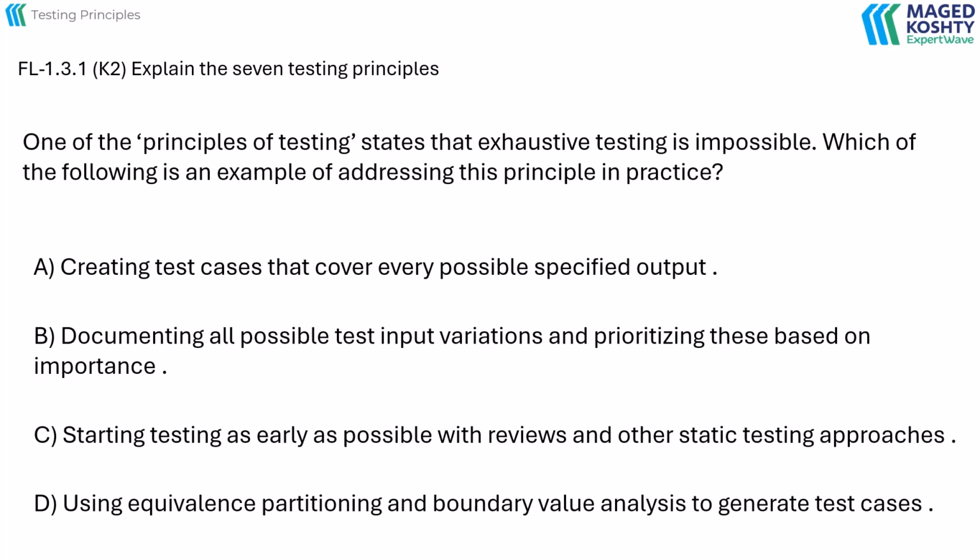The second question, one of the principles of testing states that exhaustive testing is impossible. Which of the following is an example of addressing this principle in practice? The question is asking what we should do to overcome the exhaustive testing is impossible problem.